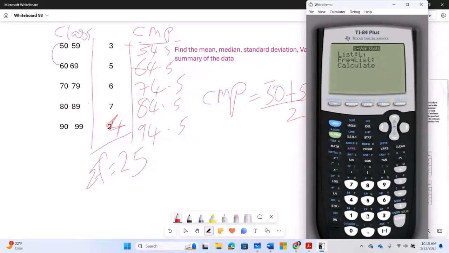The frequency list is at L2, and then I'm going to calculate. So now I have all the one variable stat that my calculator has given me.